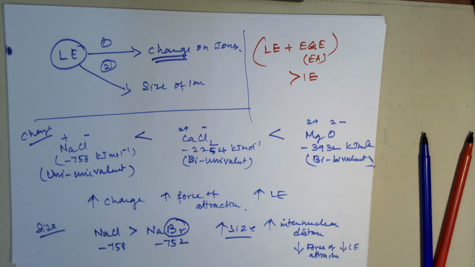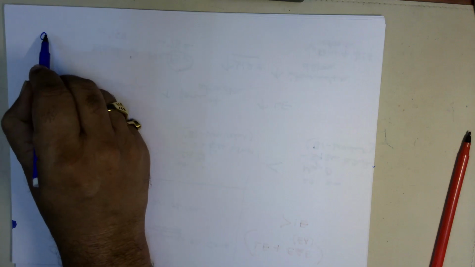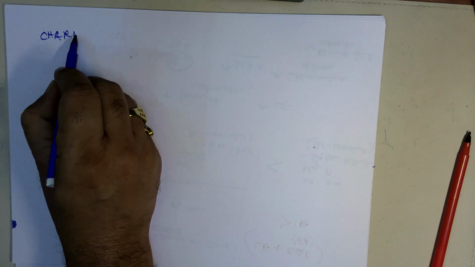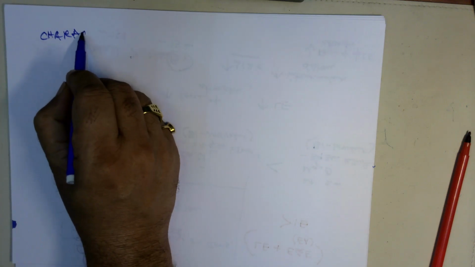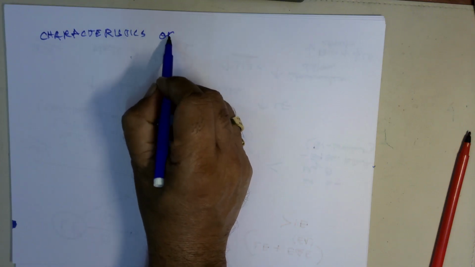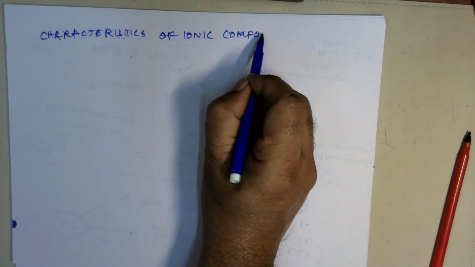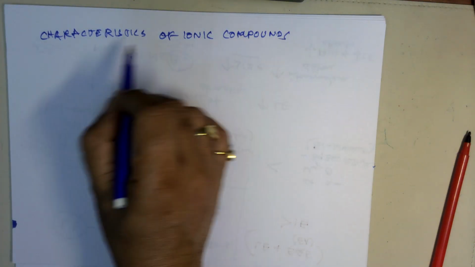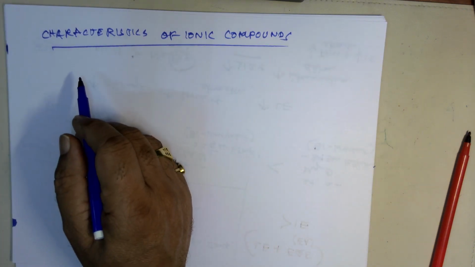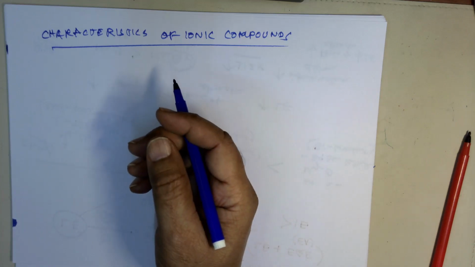Now let us discuss the characteristics of ionic compounds. The compounds in which ionic bonds are present are called ionic compounds, that you know.